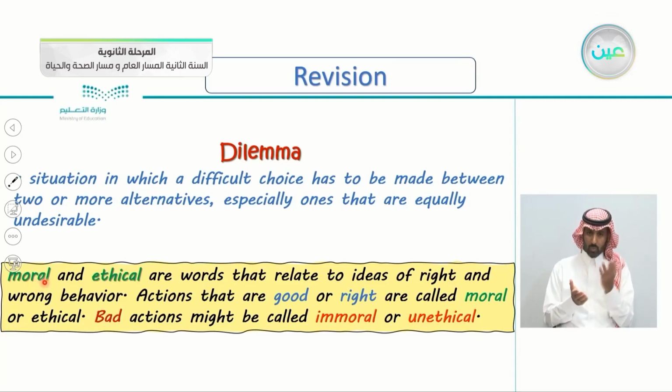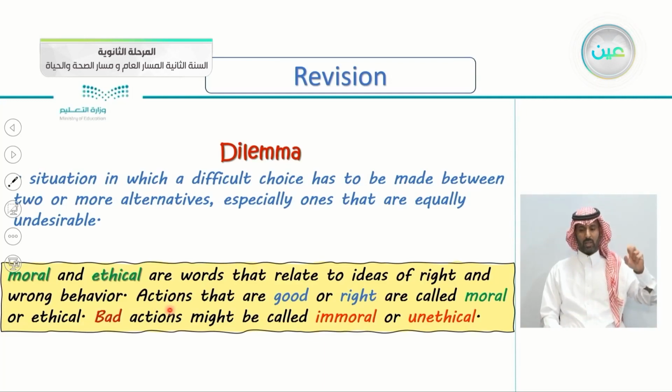And we also talked about moral and ethical. Moral and ethical are words that relate to ideas of right and wrong behavior. Actions that are good or right are called moral or ethical.